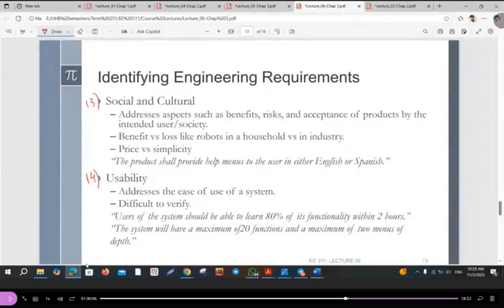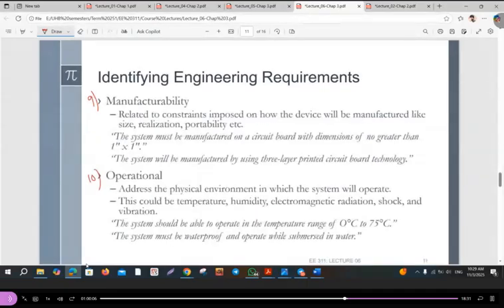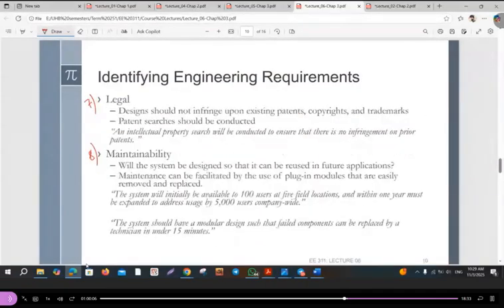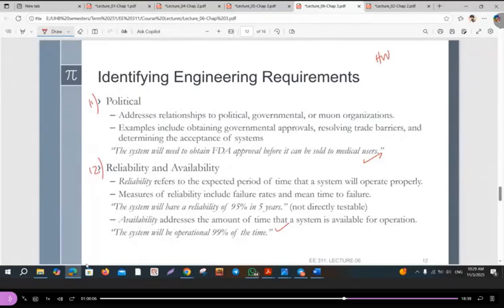You don't need to know 14, but at least know 10 points and an example for each of them. That's it, I think there is nothing else over here. You can stop here, and this is what you have to study for the exam. I just tried to make it even simpler for you.